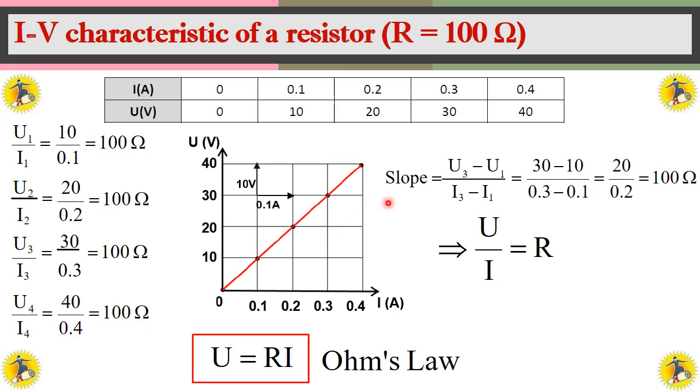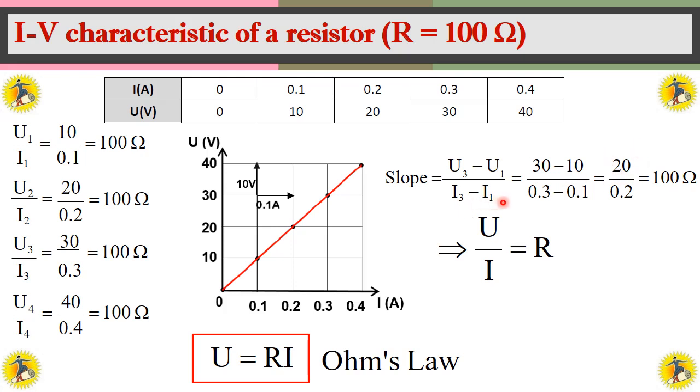So if we take two points, point 1 and point 3, and we subtract the voltage between U3 and U1, and also the current I3 and I1. U3 minus U1, 30 minus 10, we get 20.